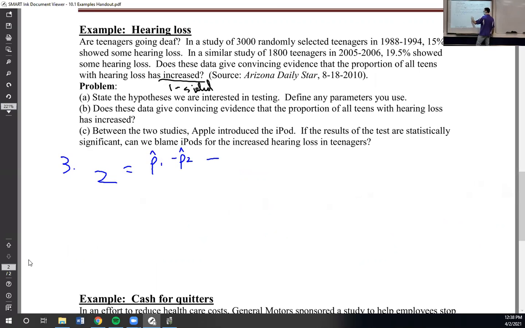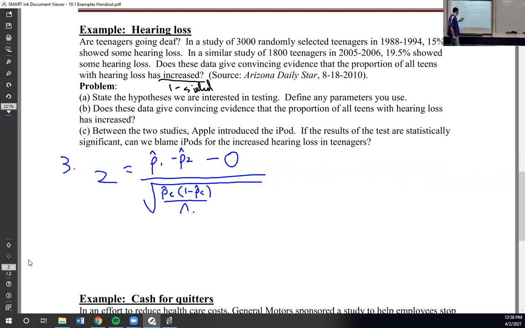Our null hypothesis says that this is 0, over your standard deviation. The biggest difference in the standard deviation this time is that it uses that pooled proportion that we talked about last time. So this time we are using p hat sub c times 1 minus p hat sub c over n1, plus p hat sub c times 1 minus p hat sub c over n2.